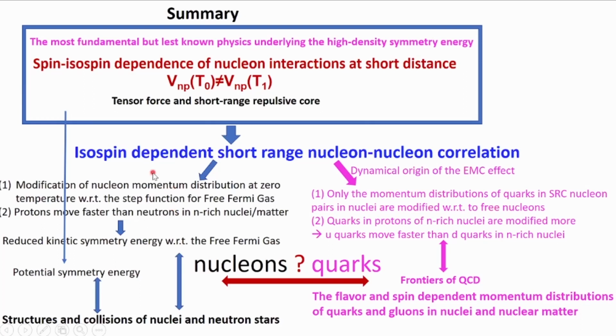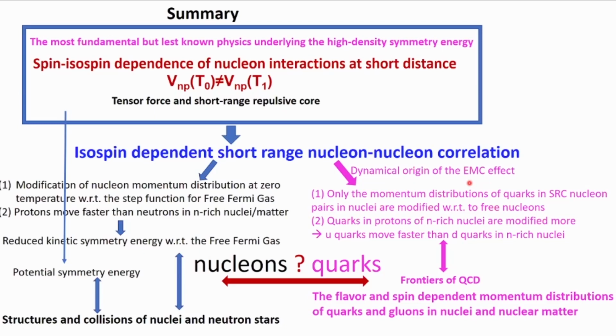So this is what we have learned in terms of the nuclear degrees of freedom. We want to use the structure of nuclei, collisions of nuclei and neutron stars to learn more about the short-range correlation and the responsible tensor force and short-range repulsive core. In parallel to this, people have found that the dynamical origin of the EMC effect is probably due to short-range correlated neutron-proton pairs.